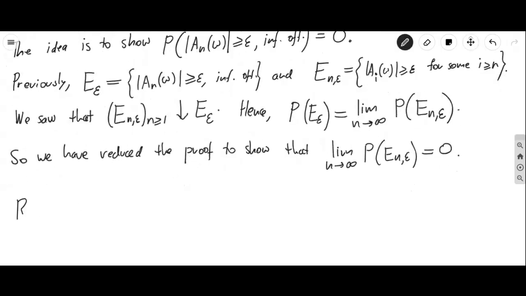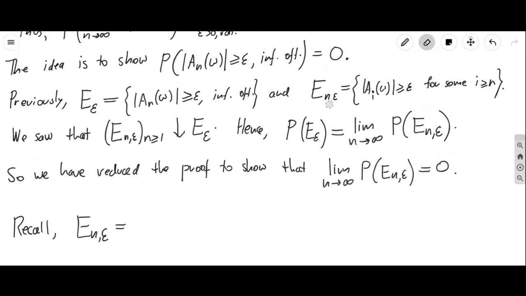Now, recall that this event that we're writing over here, we're saying that we're satisfying this inequality for some integer bigger than or equal to this n. So this n is the cutoff point, and we're saying there exists an integer at n itself or beyond it that will satisfy this epsilon inequality.